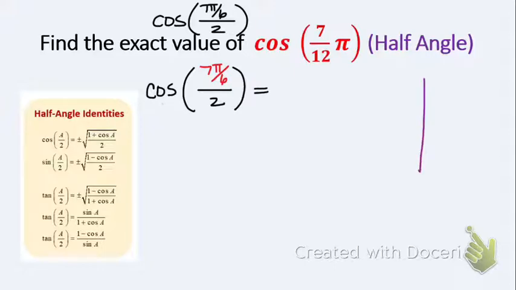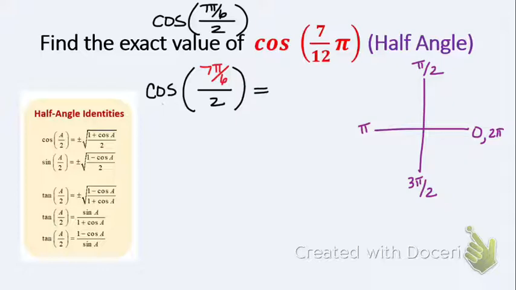So the unit circle goes 0, and then you have a half, then you have a whole, and then you have 1.5, and then you have 2. So fractions are a little bit harder because we have to figure out where 7 over 12 would fall. First of all, I know that 7 over 12 is not an improper fraction because 7 pi over 12 is less than 1.